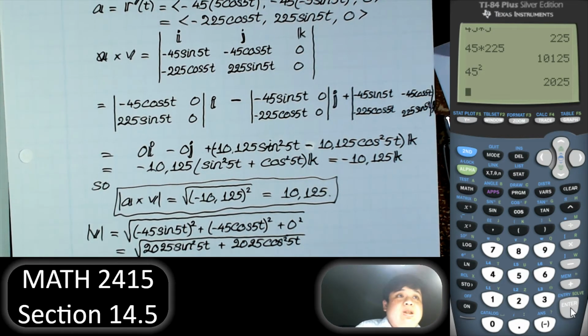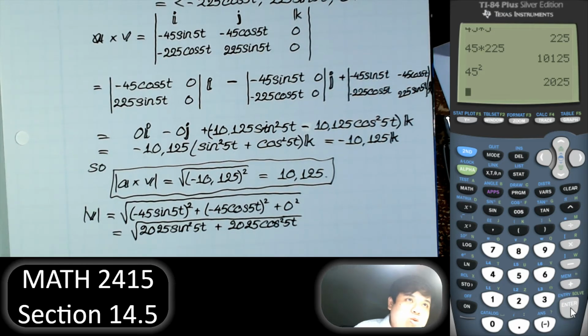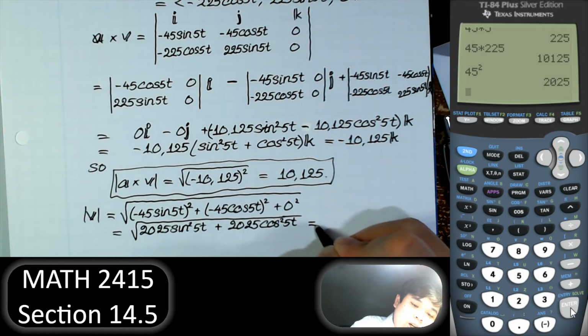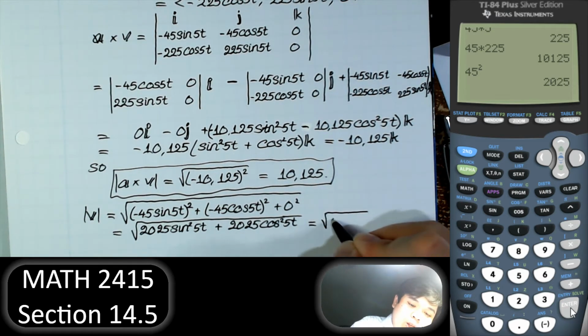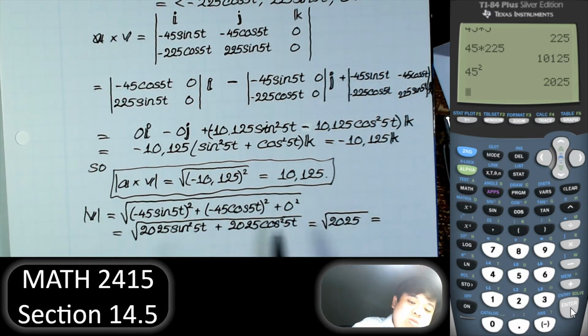Factor out 2025, cosine square plus sine square is 1. So we just have the square root of 2025, which is 45 square, so the square root is 45.